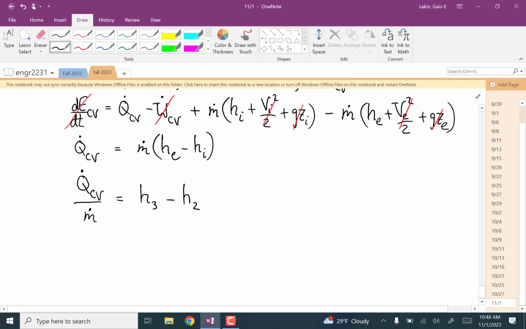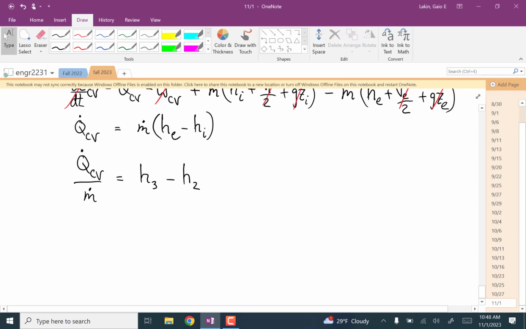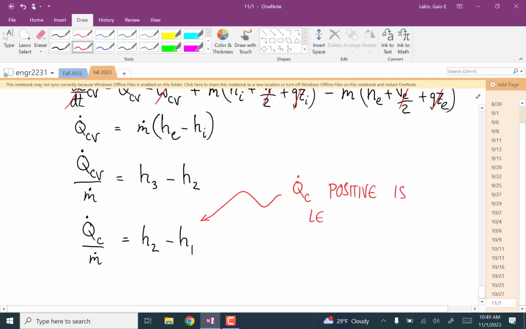What we're calling positive Q dot at the condenser is heat leaving the system. And so we'll write Q dot for the condenser over m dot as the negative of this, which is equal to h2 minus h3. And this step is because Q_C dot positive is leaving the system.